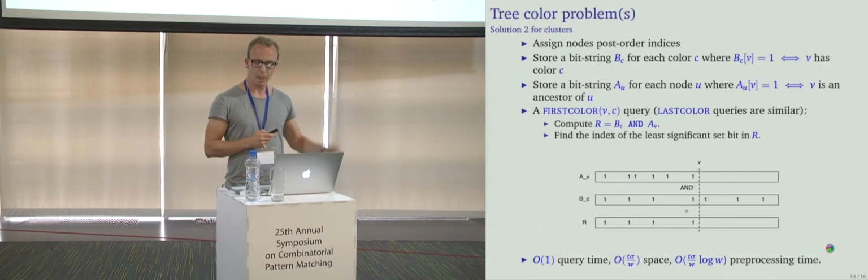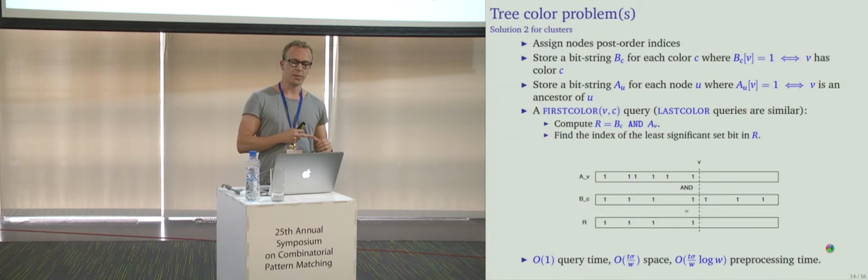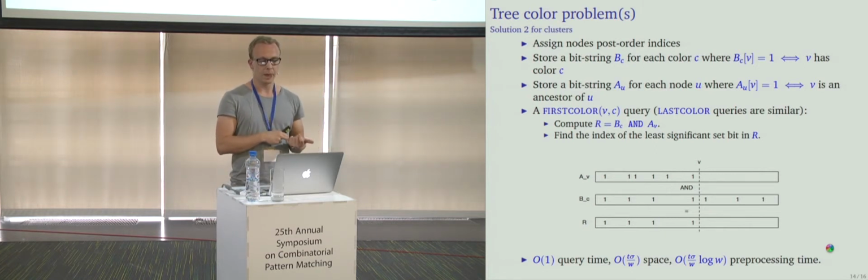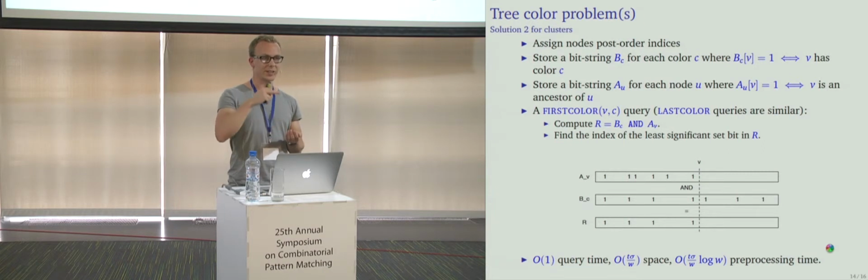Right. The other solution is to assign the nodes post-order indices, and then we store a bit string for each node in a tree that indicates if a node has some specific color, in this case C, and also for each node in the tree we store a bit string indicating the ancestors of that node.